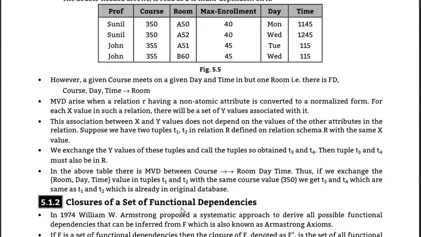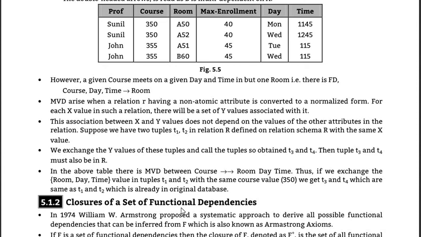However, a given course meets on a given day and time in one room, that is there is a functional dependency: course, day and time determines room.